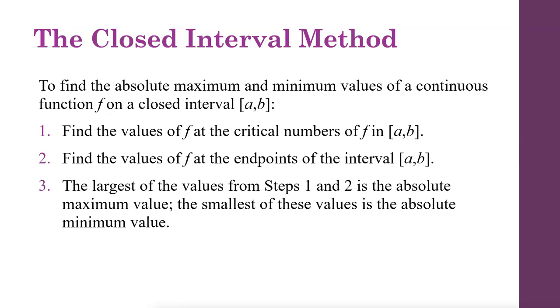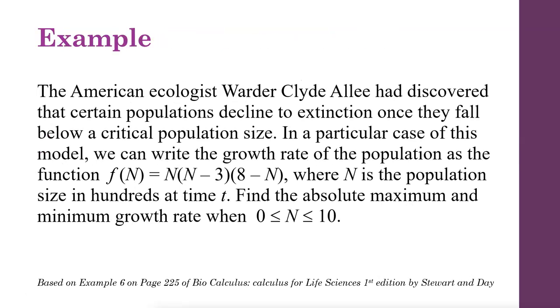So here's an example. What we have here is something we call the Allee effect, that tells us that certain populations decline to extinction once they fall below a critical population size.